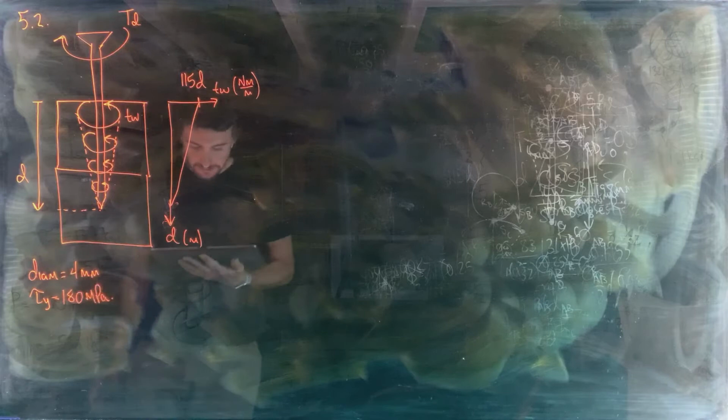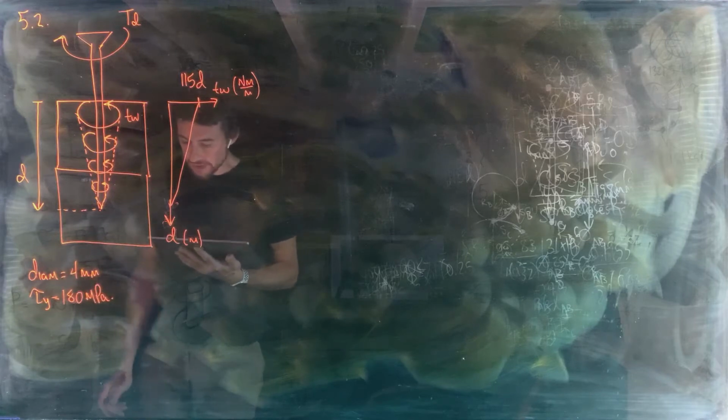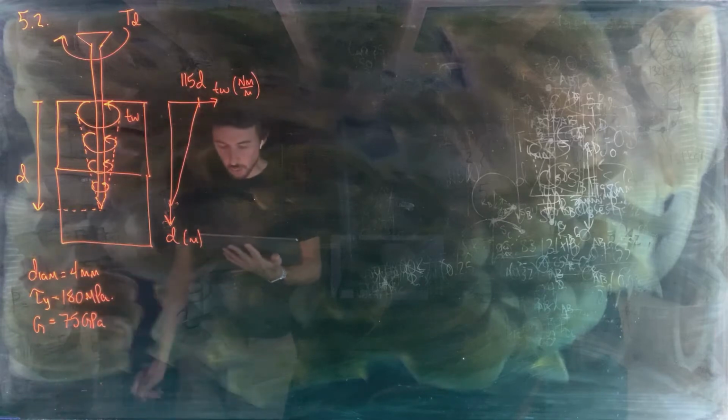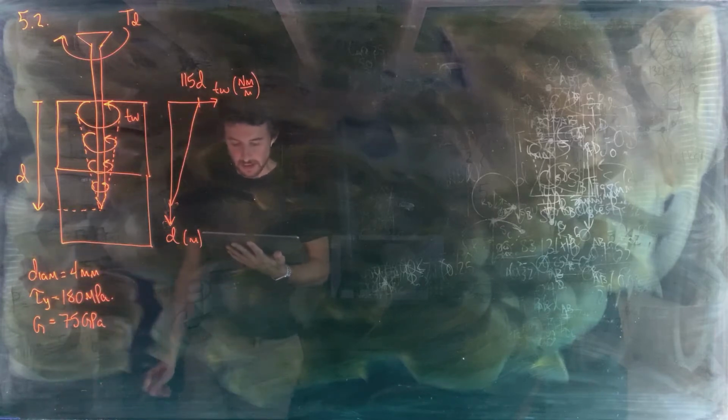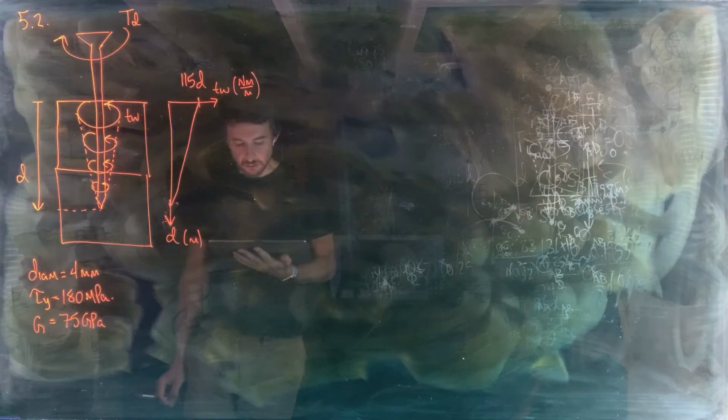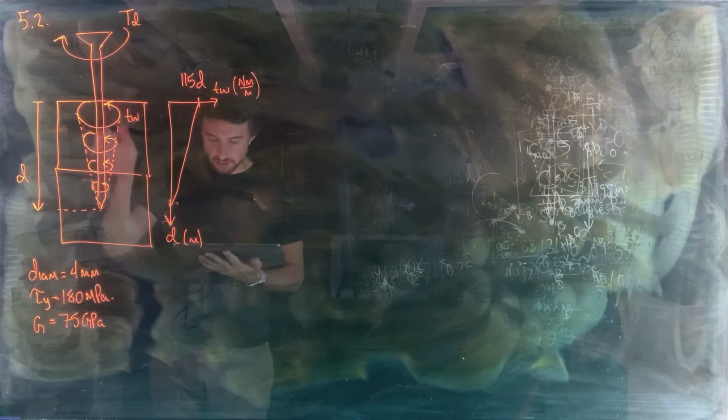So we've got tau_y is 180 megapascals, and modulus of rigidity of 75 gigapascals. So G is 75 gigapascals, the modulus of rigidity, the shear equivalent to modulus of elasticity. When driven into oak boards, the screw will experience the linearly distributed torque shown.